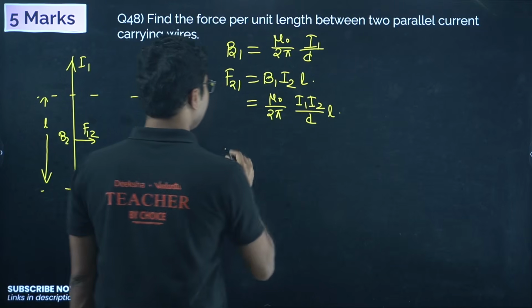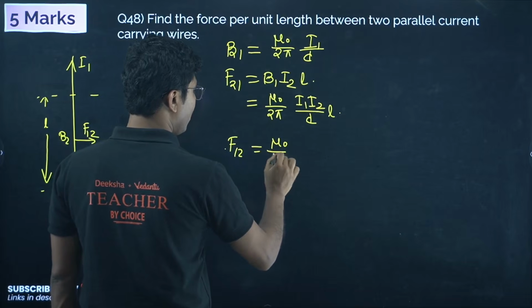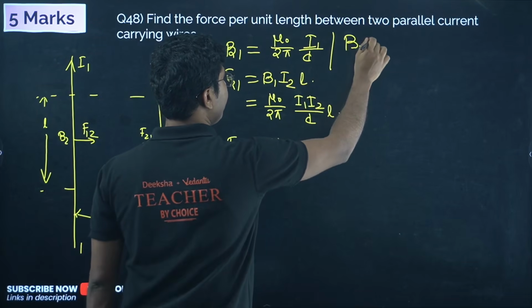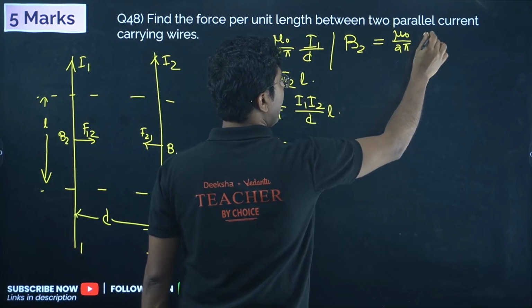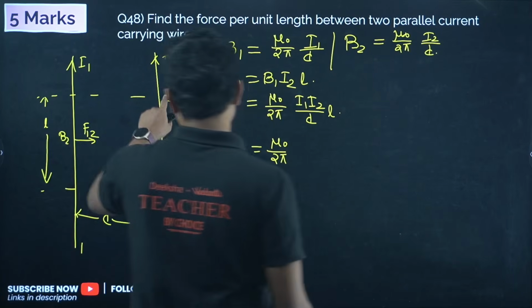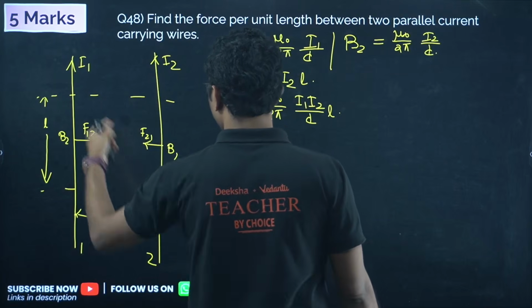Similarly, F12 can also be proven to be mu naught by 2 pi. You have to show that B1 is done, and B2 is mu naught by 2 pi I2 by d. B1 is due to this wire, B2 is due to the other wire.